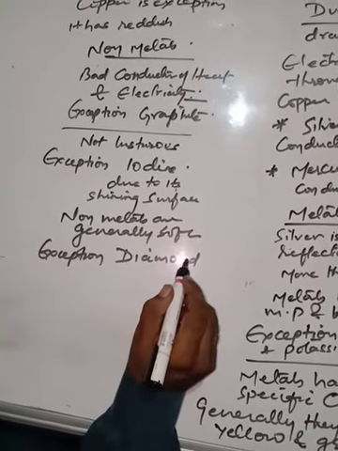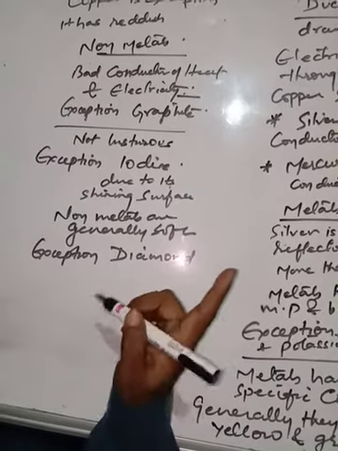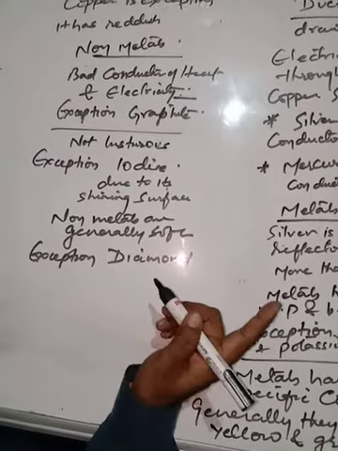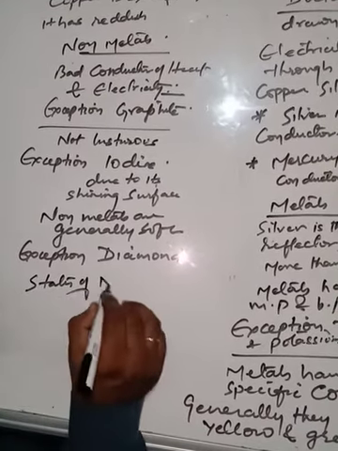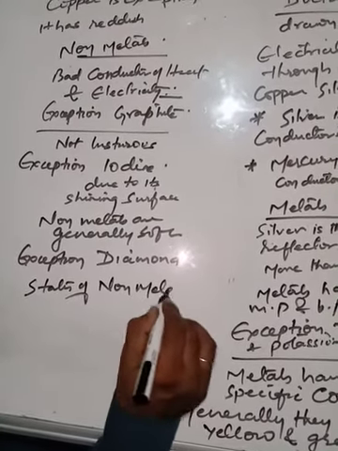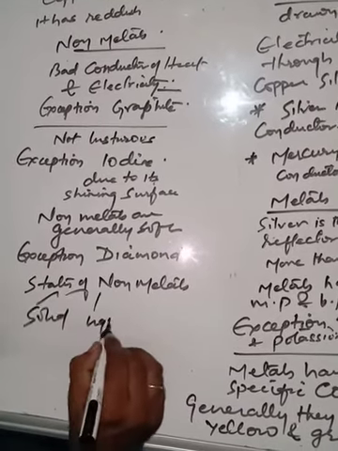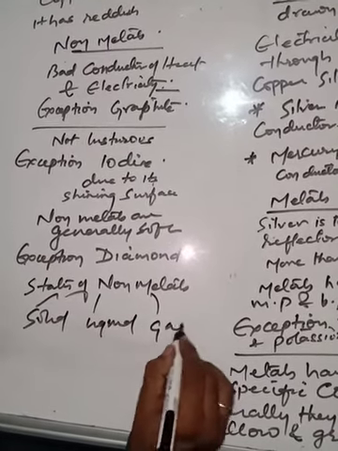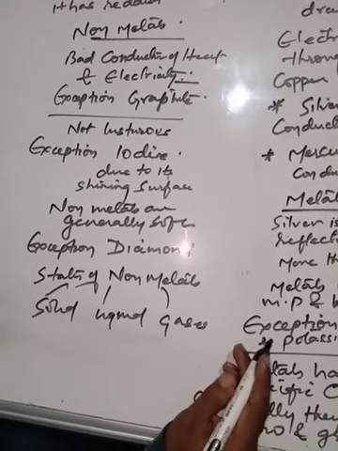Non-metals may be solid, liquid, and gases. Metals are generally solid, but the states of non-metals may be solid, liquid, and gases. They are 22 in number, so they exist in different forms.